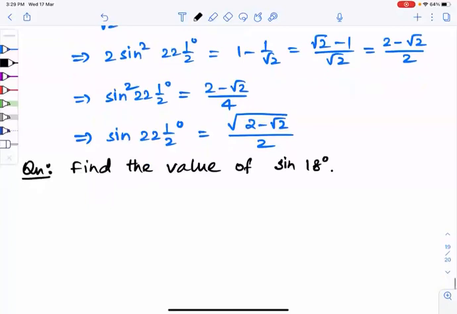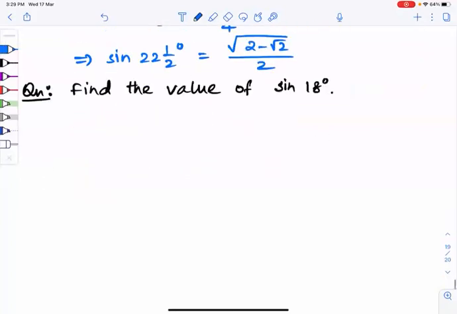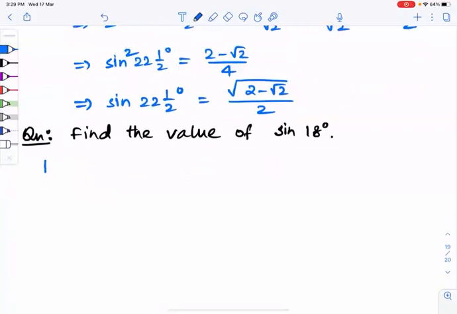What is sine 18 degrees? How to find it? We write like this: let theta is equal to 18 degrees, then 5 theta will be 90 degrees. Let us use capital A since we have taken that in the formula.